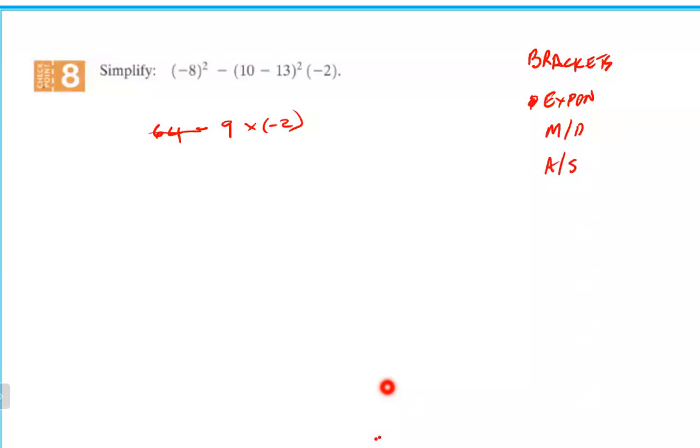So the brackets portion is right here, the 10 minus 13. So you can write back everything and just work out that brackets portion. So you're going to have negative 8 to the second power. Now, what is 10 minus 13?